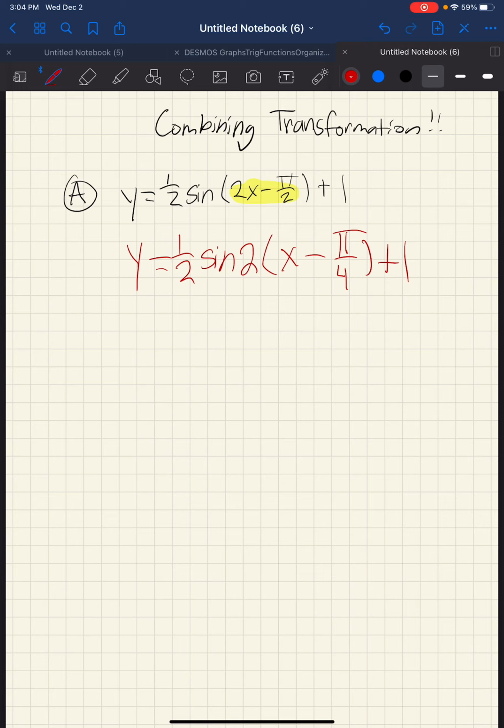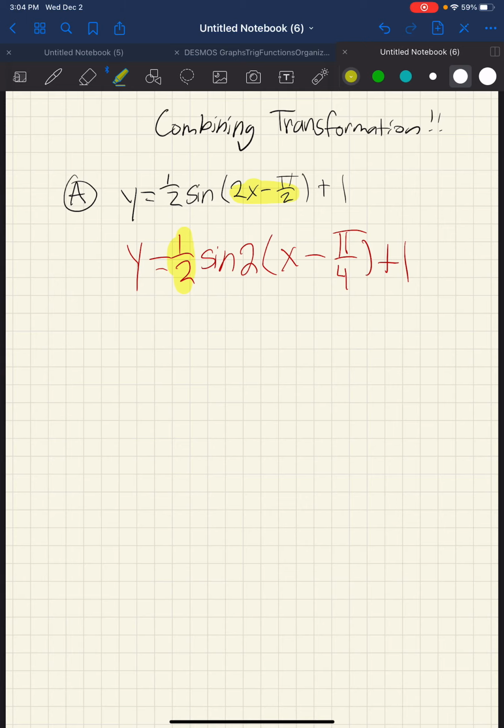All right. Now that you've described the transformations for me, what we should get is that 1/2 is our amplitude. That's the distance between the midline and the maximum or minimum. So that's what our amplitude does.